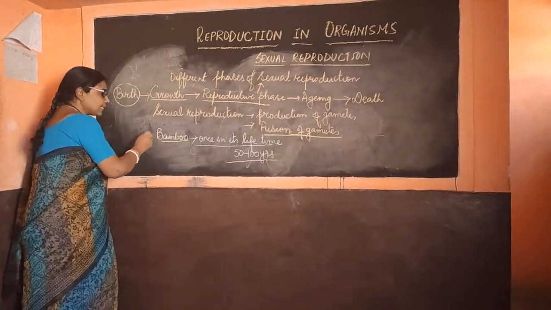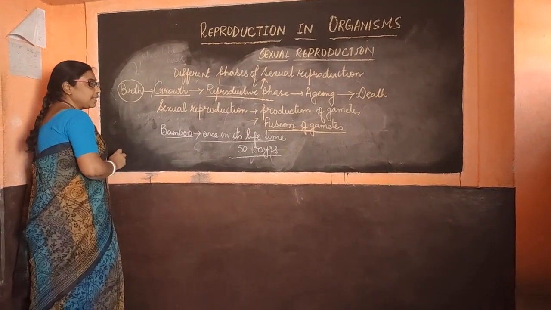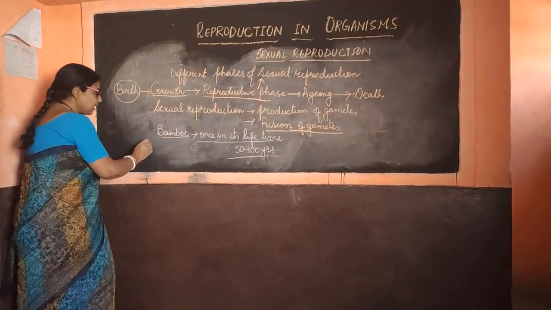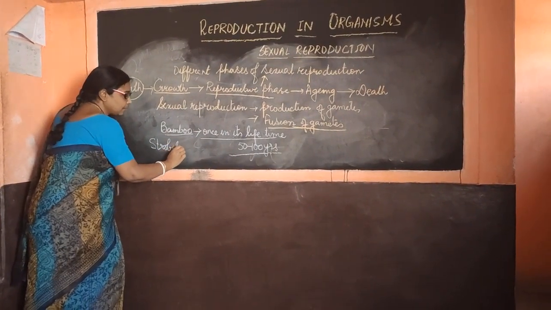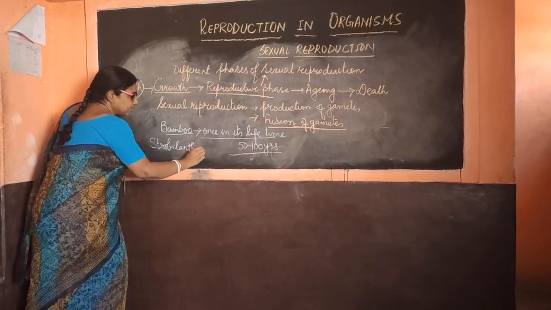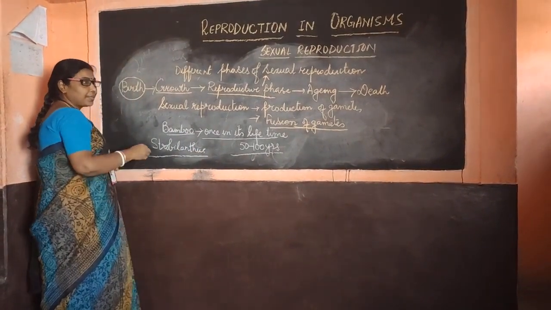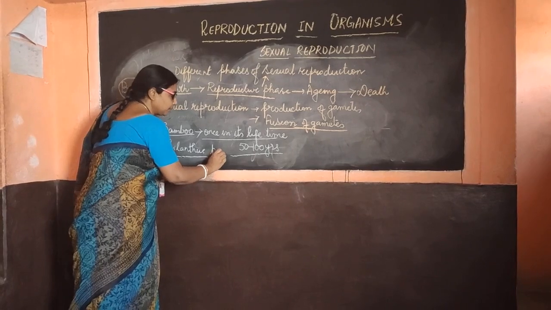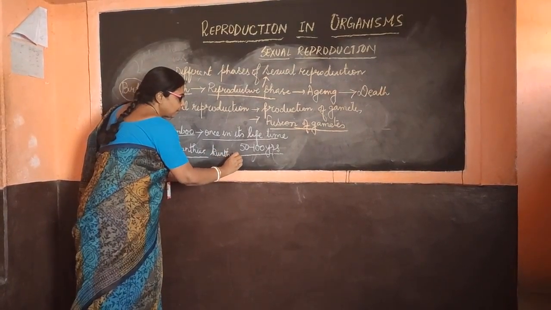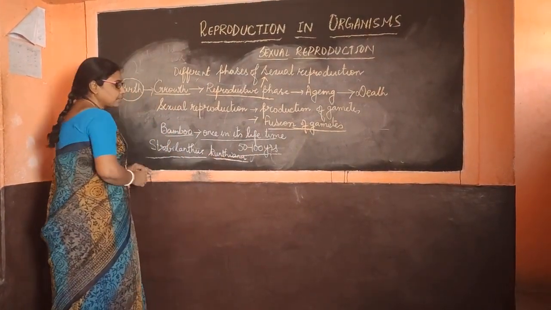Now, the next example we are going to deal with as an exceptional case is Strobilanthes kunthiana, also known as Neelakurinji.